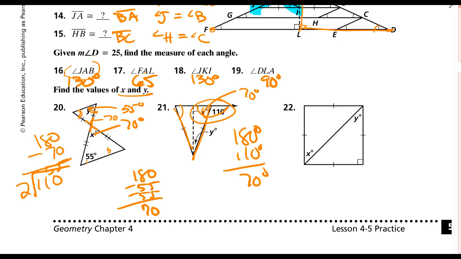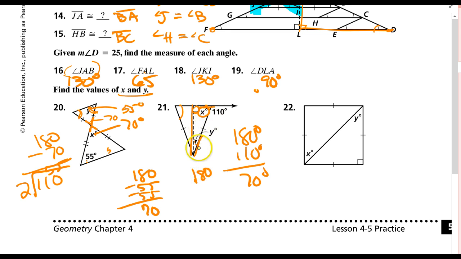Well, let me clear this up. If x was 70, this is 90, that leaves a little bit left over here. So out of 180 in a triangle, I know about this 70 degrees and this 90 degrees, and that leaves me with 20 degrees for angle y.